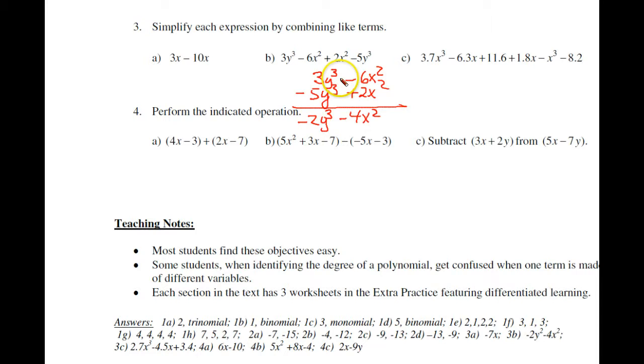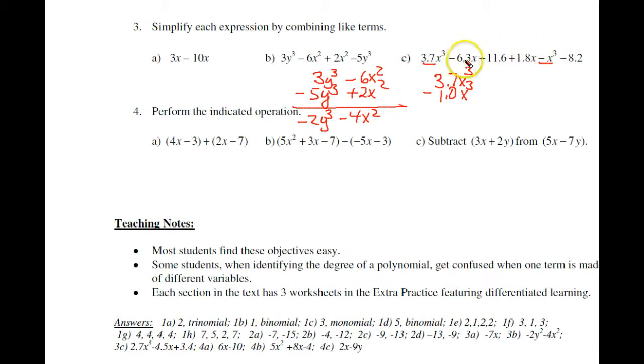Now for letter C, this looks kind of tedious, and it is. But again, you want to identify the like terms. I have a 3.7x to the third. Then I have here a negative 1.0 x to the third. These are my like terms.